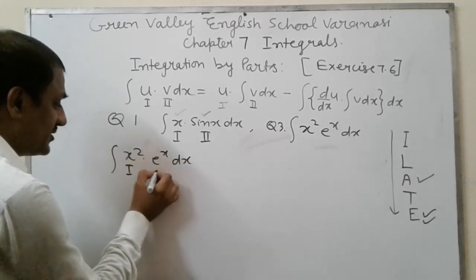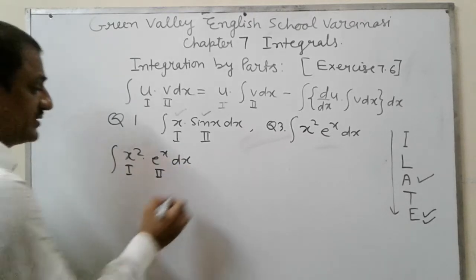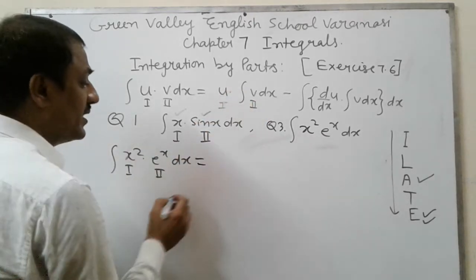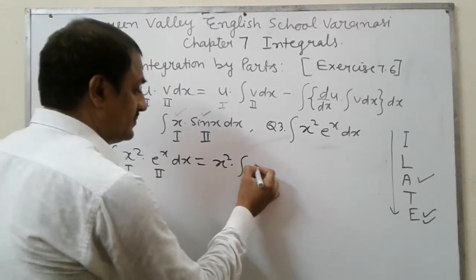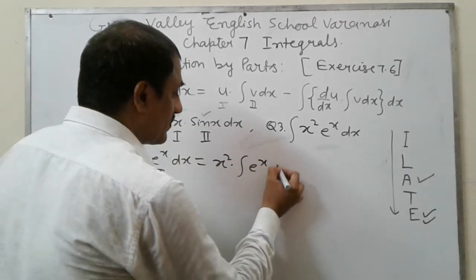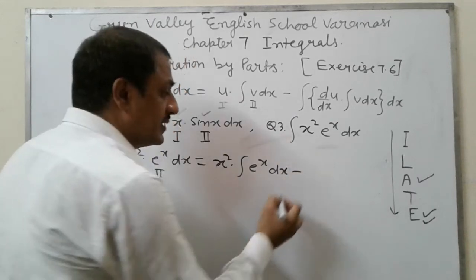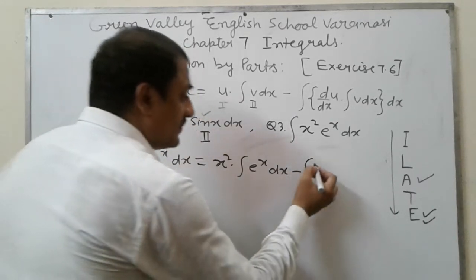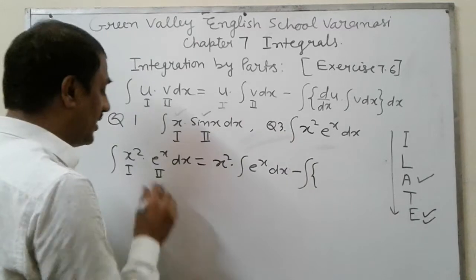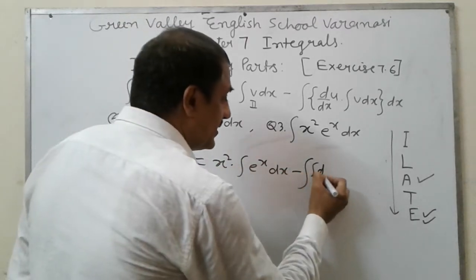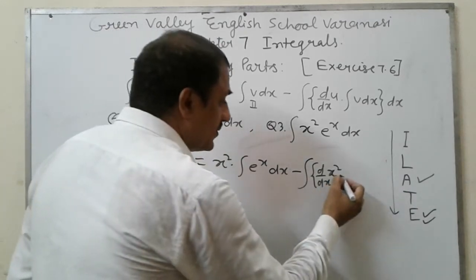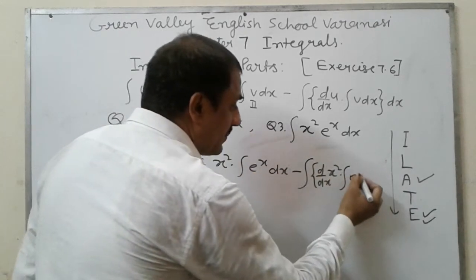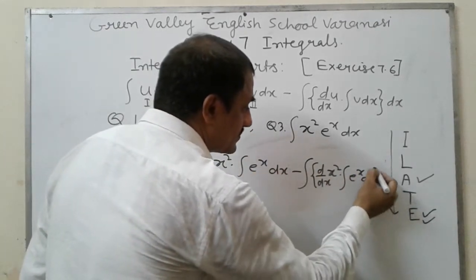According to this rule, first function into integration of second function, minus integration of the differentiation of the first function, that is differentiation of x square, into the integration of e power x, the second function.